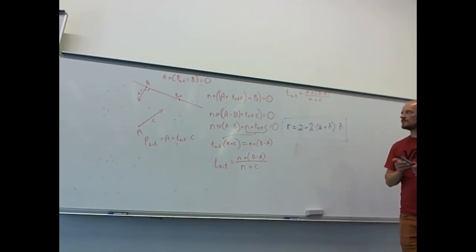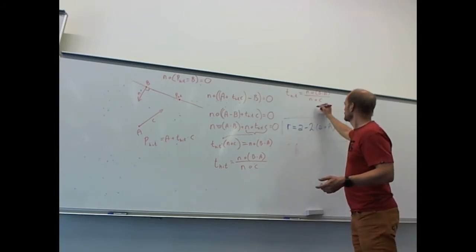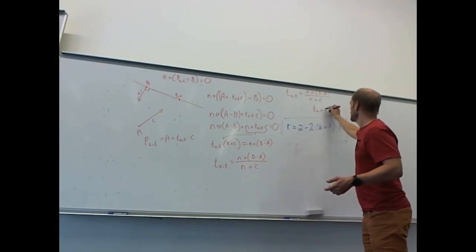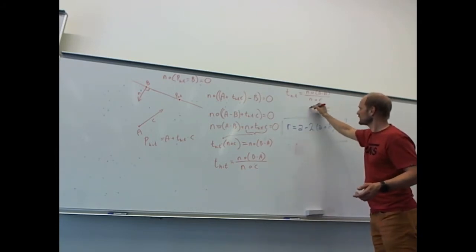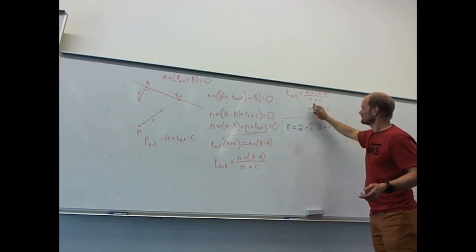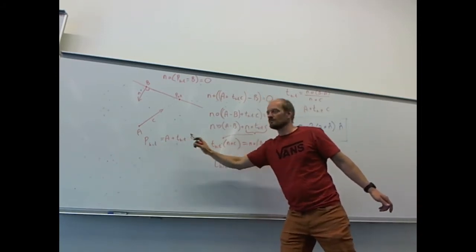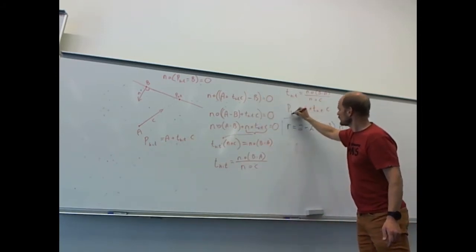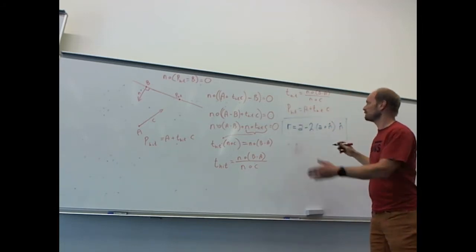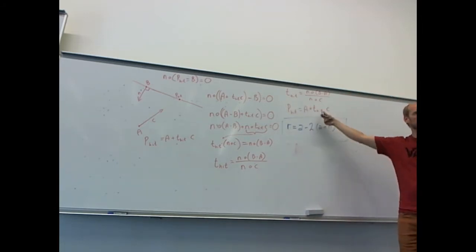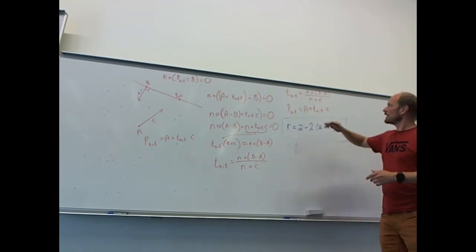T hit times the vector C plus A, right? It's here, P hit equals A. So that's my P hit, that's where it happens. I simply put it into the parametric form for the ray. So I figured out when this happens.